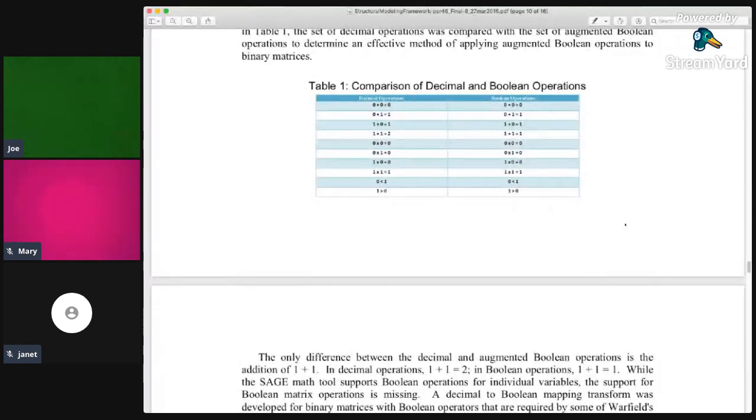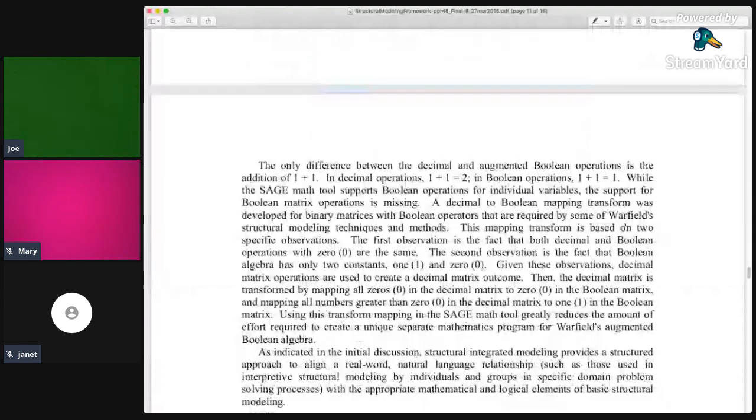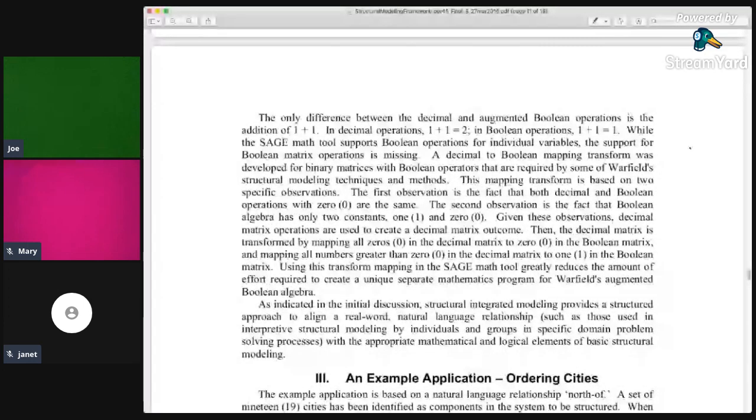And that works, so that it really saves a lot of time and a lot of effort in writing a new approach. And you can also then use things like the Sage Math tool. You can use all the mathematical systems out there that are available and been tested by mathematicians for a long time. You can use them in the decimal mode and then just do a filter transform to come up with the augmented Boolean output.